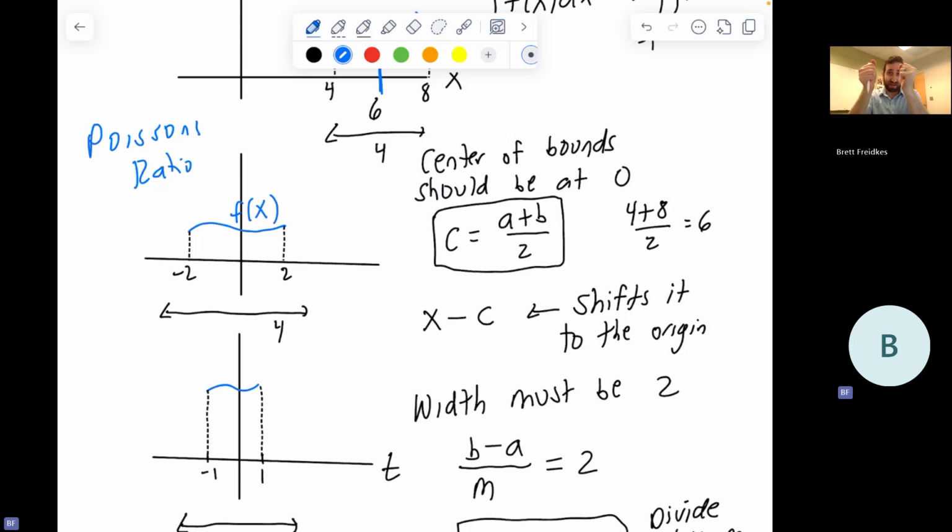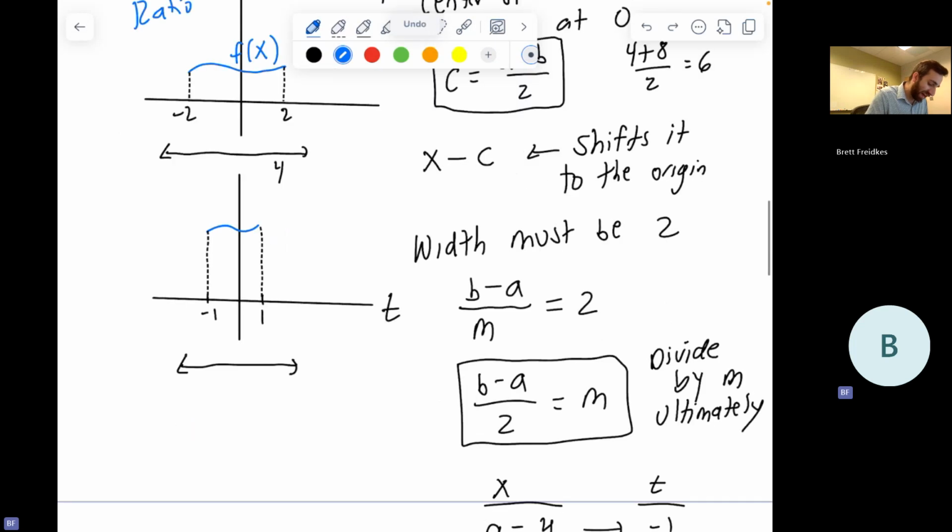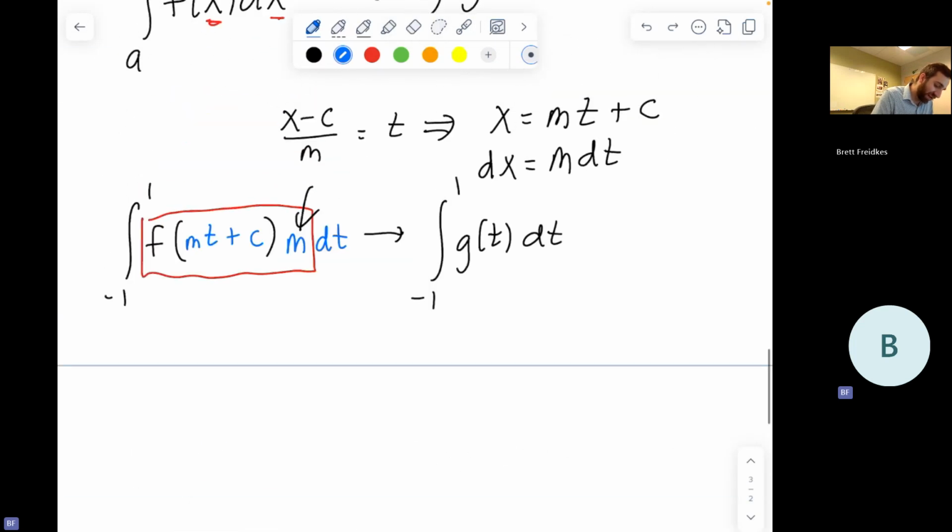If I compress in x, I expect the values of y to increase. Same thing here. I'm taking this area and squishing it, and because I'm squishing it, it has to go up or elongate in the y-axis. That is what this m is doing. This m is ensuring that we multiply by some factor in order to account for any missing area.